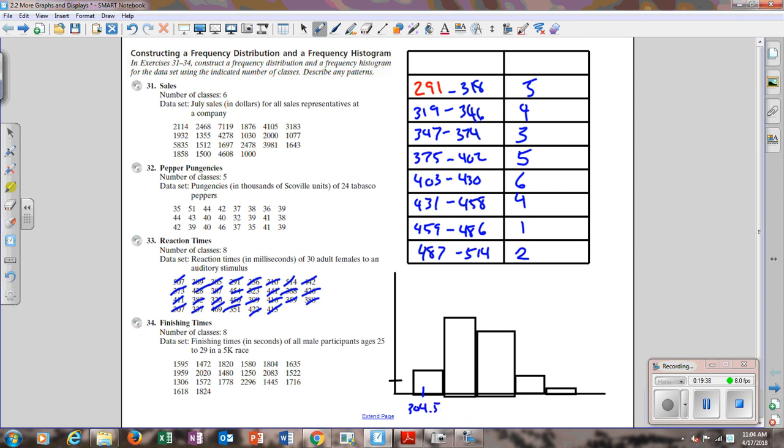Just squeezing them in. Okay, then it's 332.5 and 360.5. 388.5.